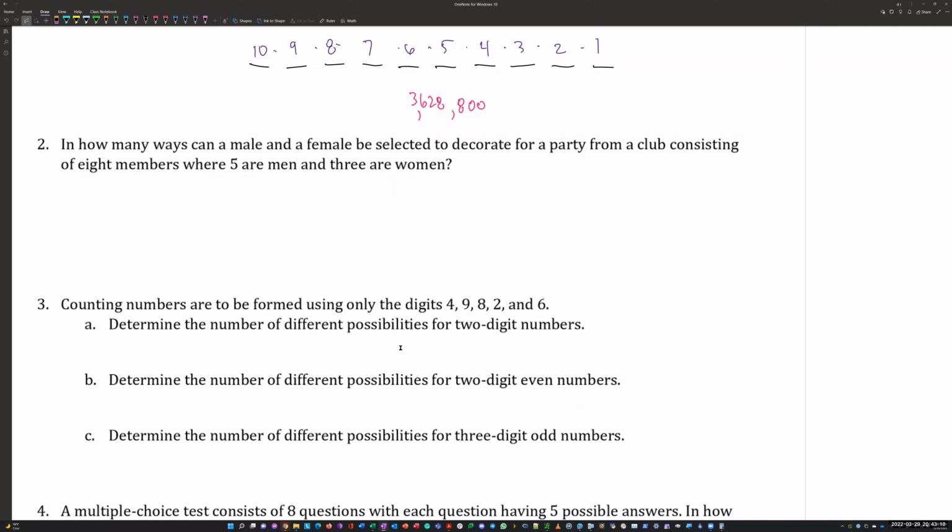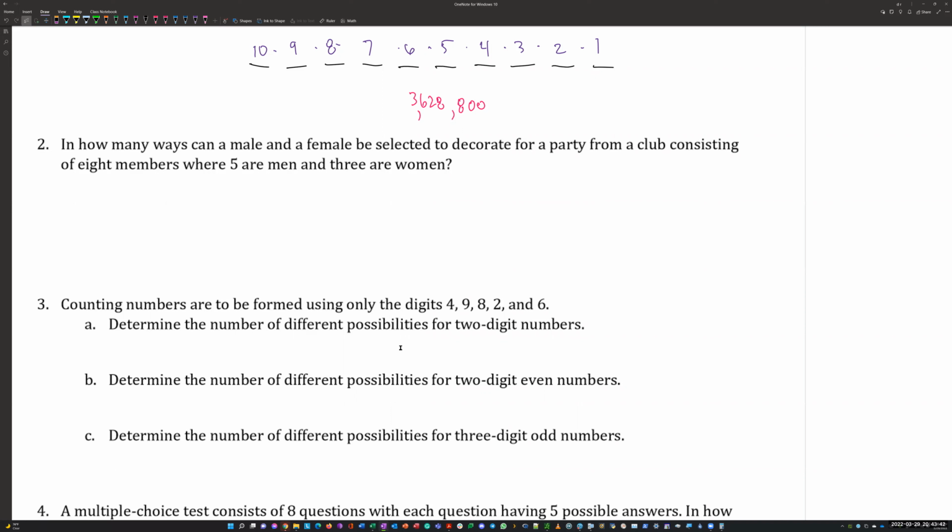No. Much simpler than that. It should be 8 by 5 by 3. Nope.